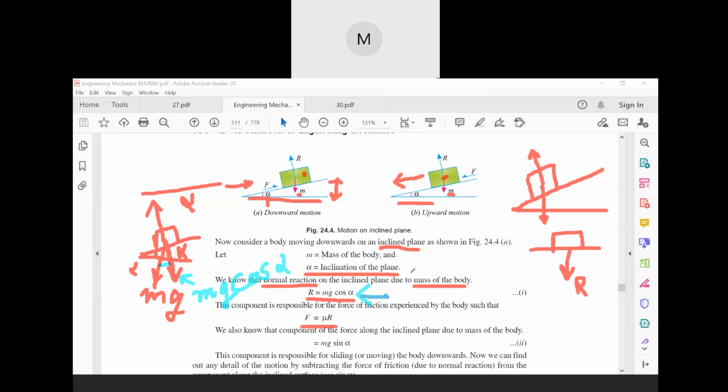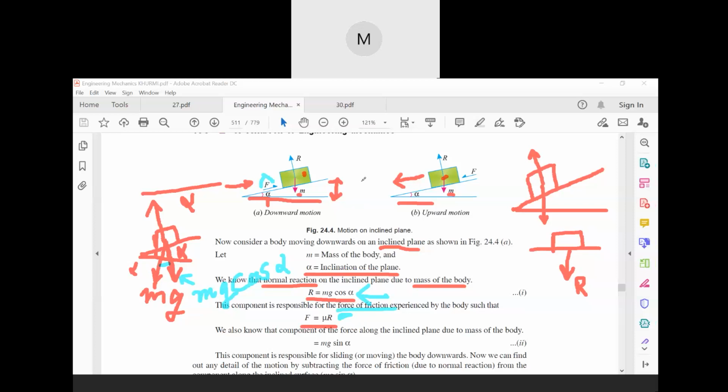Now there is one more component, which one is it? F. So F is equal to what? Mu into R. Mu is the coefficient of friction. Since the force of friction is acting here, mu is the coefficient of friction, and R is the normal reaction.